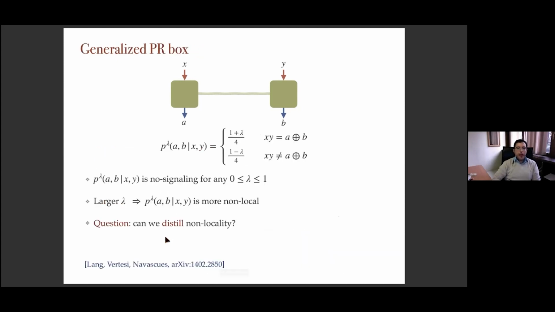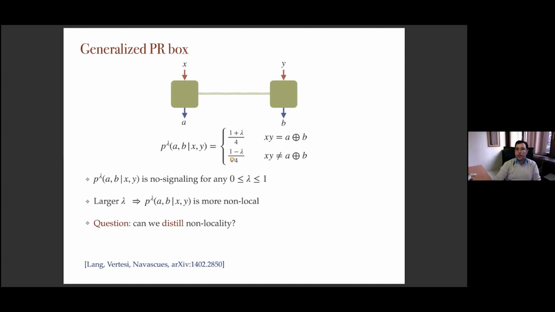Okay. Now, I want to talk about the more general PR boxes, where I want to put in this parameter lambda that I had before. So I'm defining P of lambda to be given by this. If this condition is satisfied, I take the probability to be (1 plus lambda) over 4. And if it's not satisfied, I let the probability be (1 minus lambda) over 4.